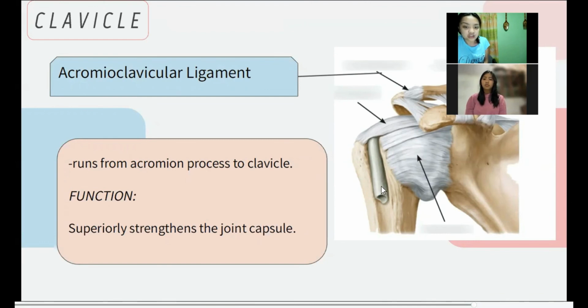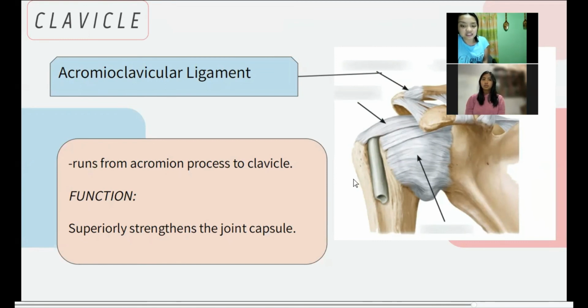The superior acromioclavicular ligament connects the superior surface of the acromion and the acromial end of the clavicle. Similarly, the inferior acromioclavicular ligament connects the inferior surface of the acromion and the acromial end of the clavicle.